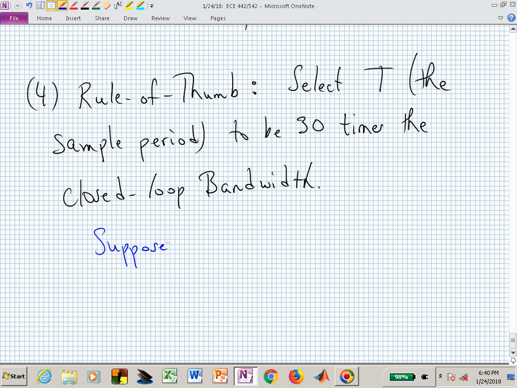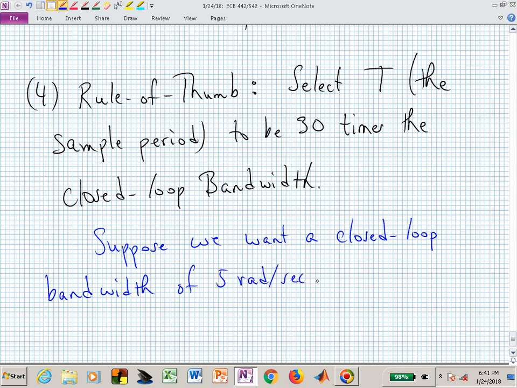For example, suppose we want a closed loop bandwidth of 5 radians per second.